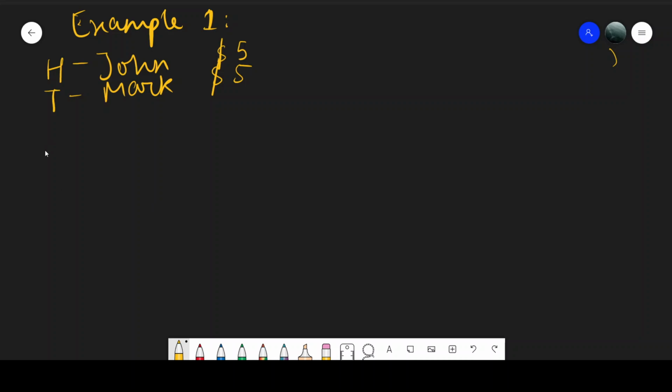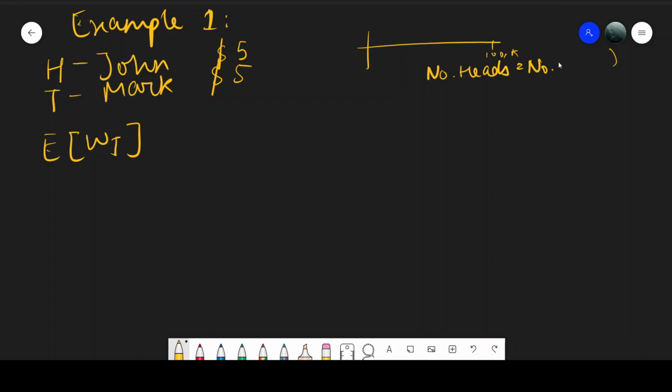So I can write the expected winning of John. This is a coin tossing betting game, so I'm assuming that the coin is fair and not biased. There's an equal probability of heads coming up and an equal probability of tails coming up. Over the very long run, if you take 1,000, 10,000, 100,000 trials, the number of heads is going to be equal to the number of tails.